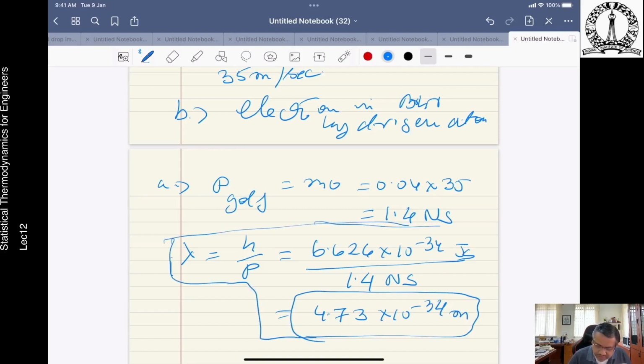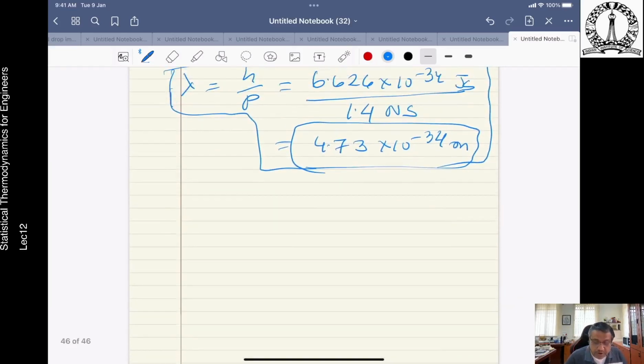Very, very small indeed, and more massive objects will have even lower wavelength. So it is much, much smaller than its size. Consequently, the matter waves do not have any influence on the dynamics. That's why you can hit a golf ball and predict where it is going to go. Well, the fluid mechanics part of it can be complicated, but technically it is still deterministic. So you can say where the ball will go, right?